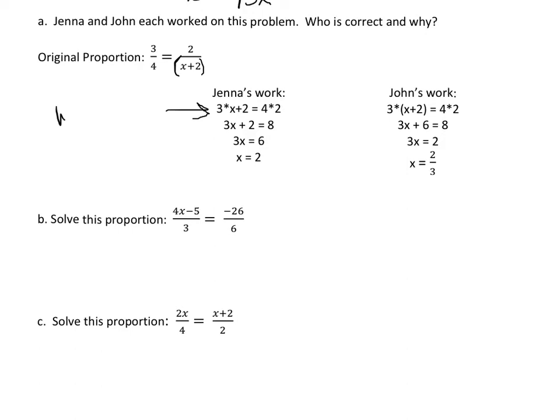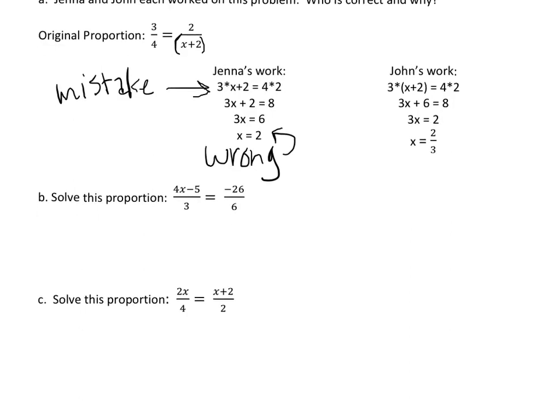So this is a mistake, which led to a wrong conclusion. We have to be very careful in how we write it and how we solve it so we don't make mistakes like that. So let's practice a little bit.